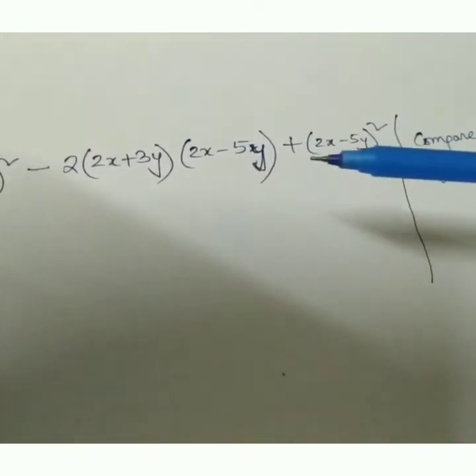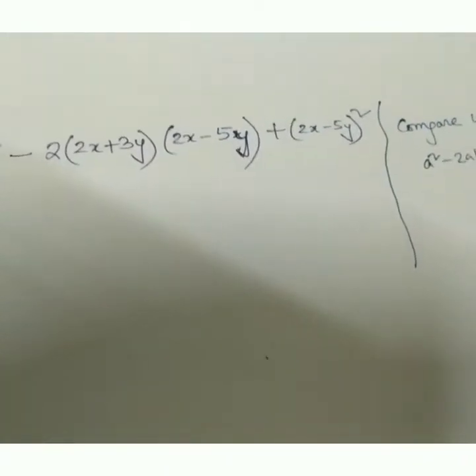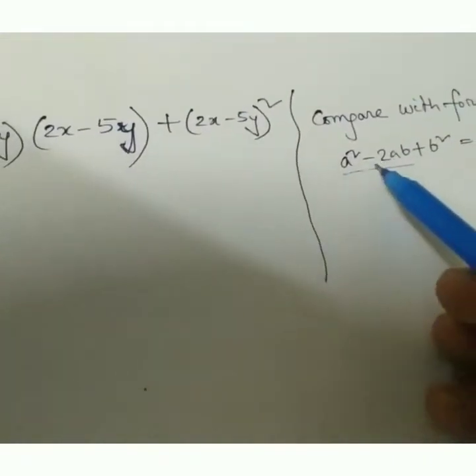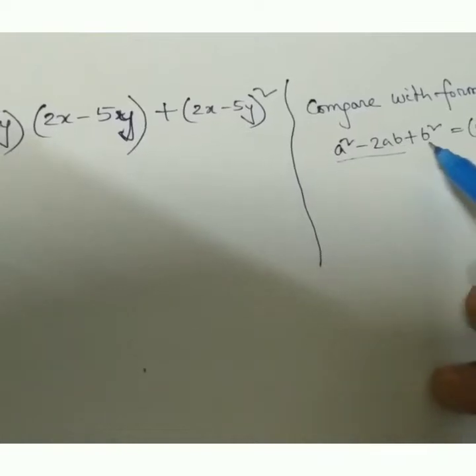Let's say if you look over here, it's a square minus 2ab plus b square.